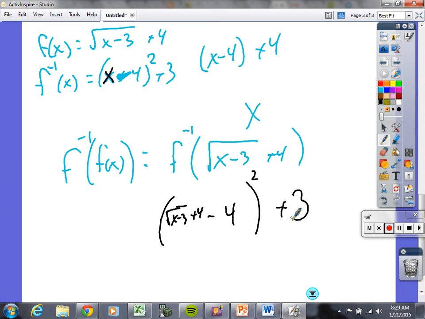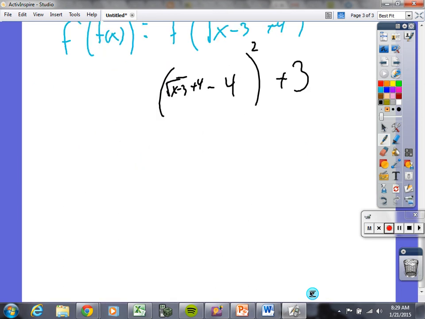Okay, this is where it gets a little bit more challenging, because these are larger things than what we did on number 1, like a 3x. So what can we do? What do we see right there? Is this plus 4 underneath the square root? So these guys are going to do what? They're gone, aren't they? So now I am at the square root of x minus 3, squared, plus 3.